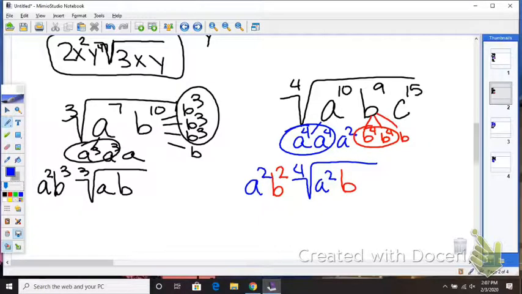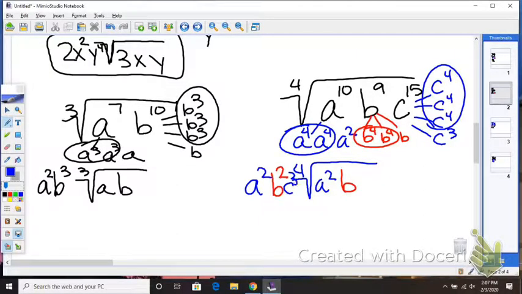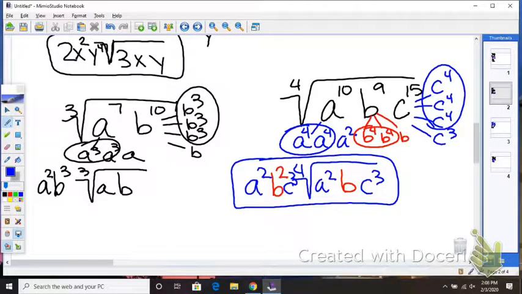We have c to the fourth, that's 8 of them. C to the fourth is 12, and then c to the third. So I have 3 c to the fourths, that's coming out, and then I'm leaving c to the third on the inside. So you have a squared, b squared, c to the third, times the fourth root of a squared, b, c to the third.